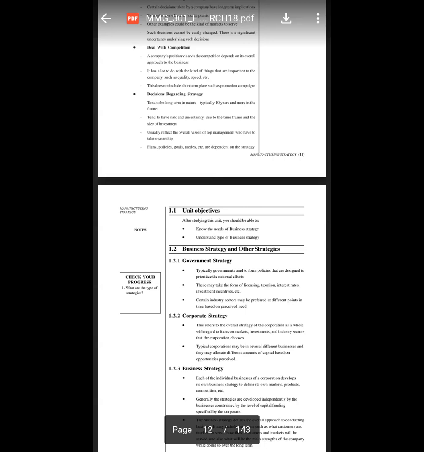So we need to tend to have risk and uncertainty due to the time frame and the size of investment. If you are in a particular area, you should also think whether this area will give a fruitful result or not, whether the production in a particular area will be good in future or not. So all these things are very important.